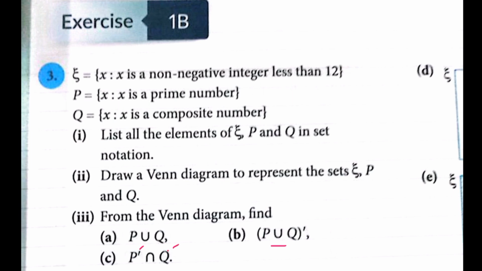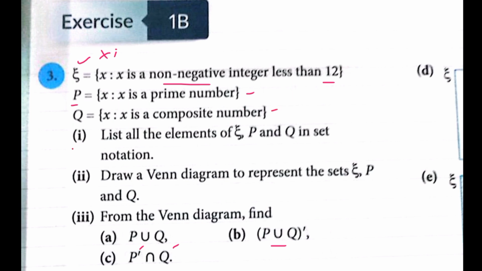So let us start from question number 3. This question says, we have a universal set xi. This Greek letter is read as xi. This represents the set of all non-negative integers less than 12. The set P is the set of prime numbers less than 12, and Q the set of composite numbers which are less than 12.